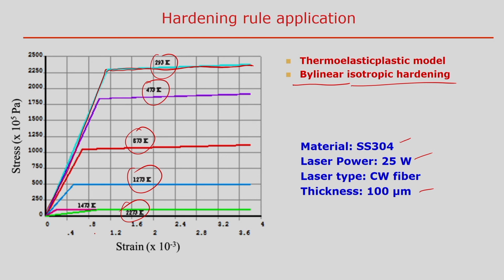So, it means that first the elastic part needs to be defined, this is the yield point, and then the remaining plastic part also needs to be defined, but the plastic curve can be represented by a simple linear curve, and that is easy to implement in this particular stress analysis model.